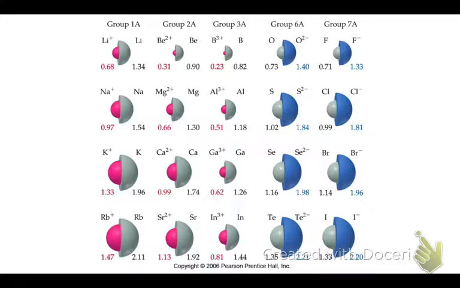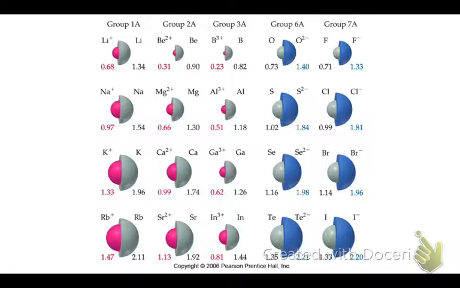Now, if you look at this picture, you will see that the gray sphere represents the neutral atom. The pink represents what happened to the cation, and you can see that the pink is smaller than the gray. So let me highlight things for you.